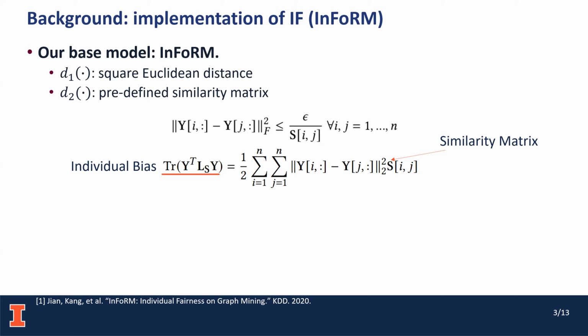So the author loosens the bound and gives a definition of individual fairness bias by summarizing all error bounds from all the ij's in the similarity matrix. So when we are summarizing the epsilon from all the inequalities in the first line, we're going to get a trace-like individual bias. And this is the definition we'll adopt in this paper as well.